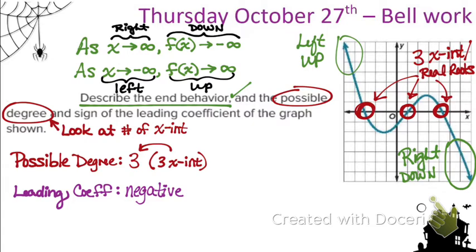It's going down. That's how I know the leading coefficient is negative. Whatever the right side is doing, whatever I said up here about the right side, that tells me the sign of my leading coefficient. What's another way that I can write this? It'd say A, because we use A for a leading coefficient. How do I say negative with symbols?